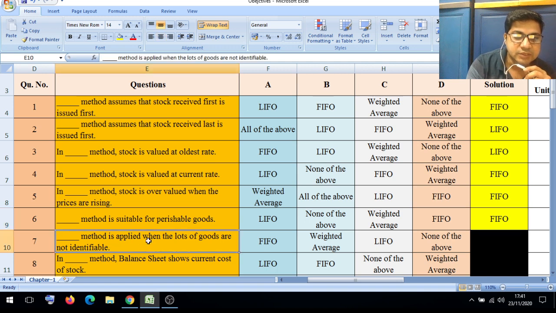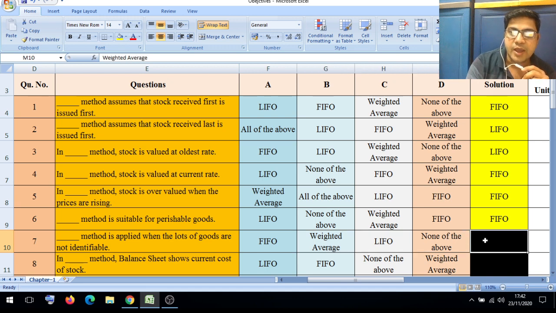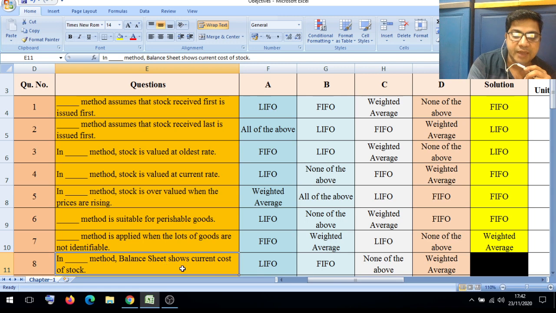Dash method is applied when the lots of goods are not identifiable. FIFO, weighted average, LIFO, none of the above. The answer is the weighted average method. In dash method, the balance sheet shows the current cost of stock.